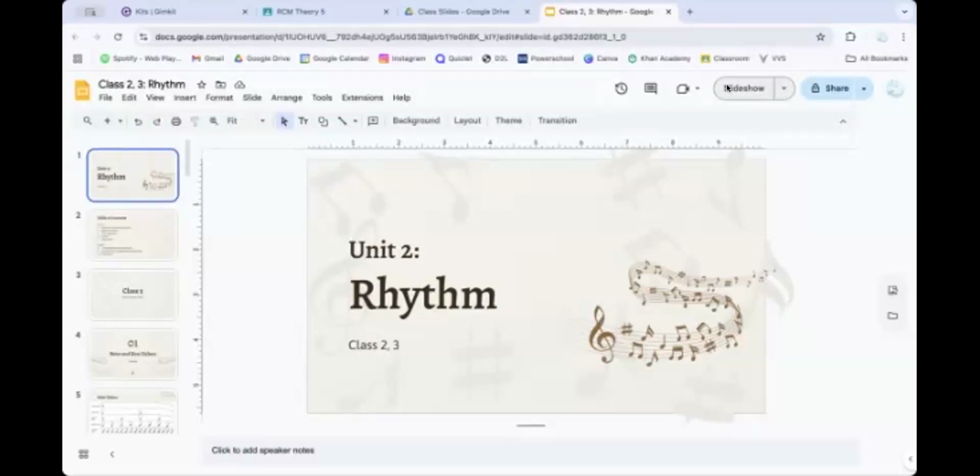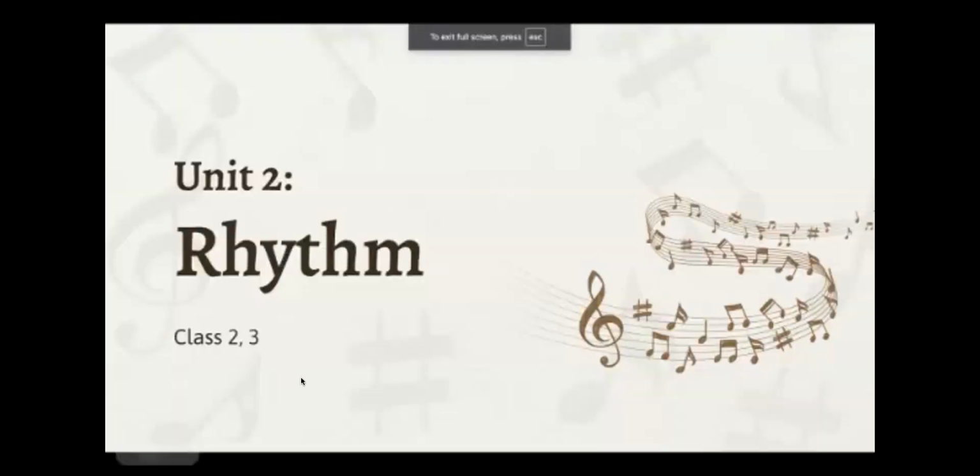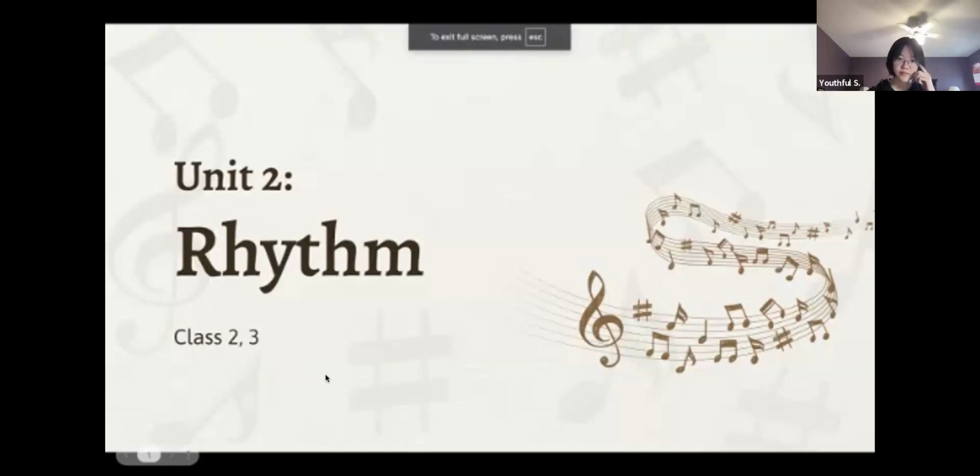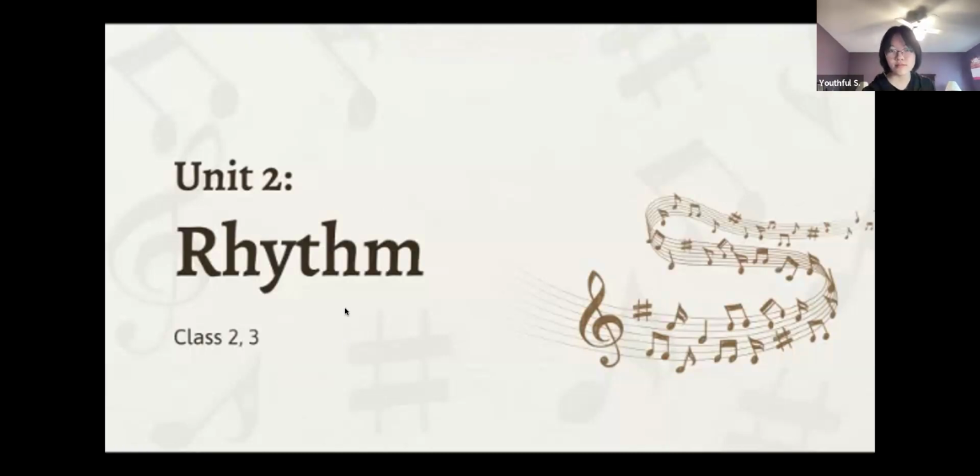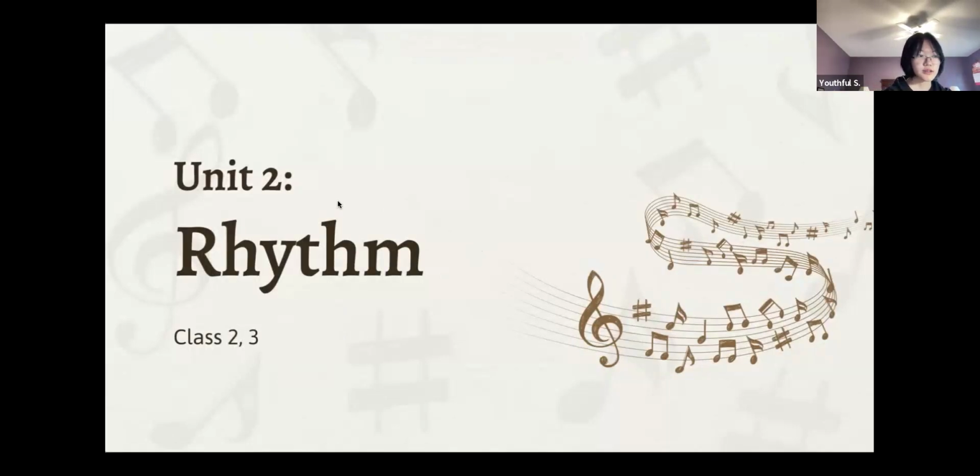I think I'll just start for now, since I don't know if anyone else is coming. Okay, so last unit we did pitch and notation, so this unit we'll move on to rhythm.